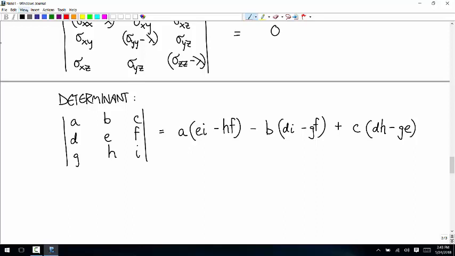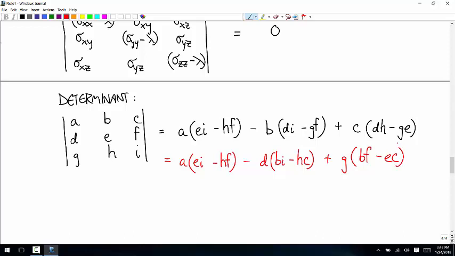So that's also equal to A times EI minus HF, minus D times quantity BI minus HC, plus G times BF minus EC. That's probably enough ways to do it for anything we're going to do.